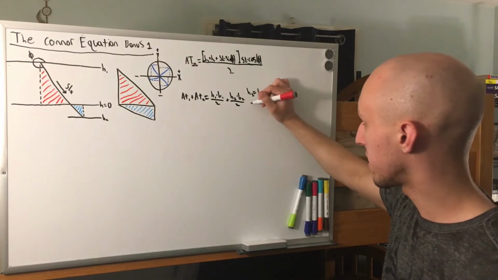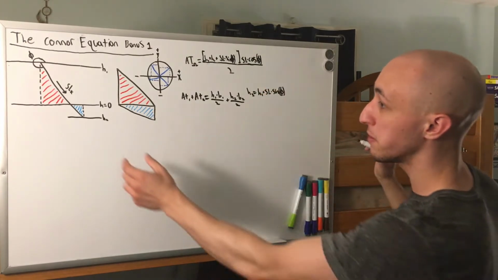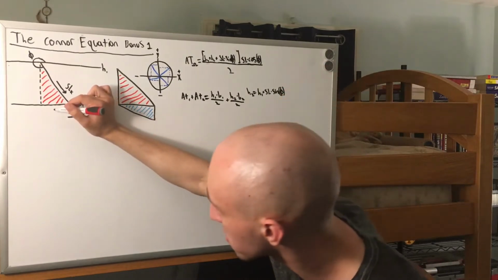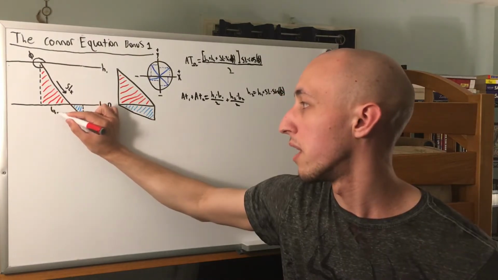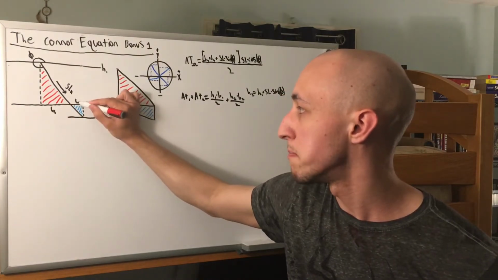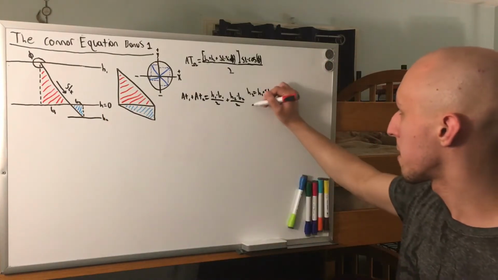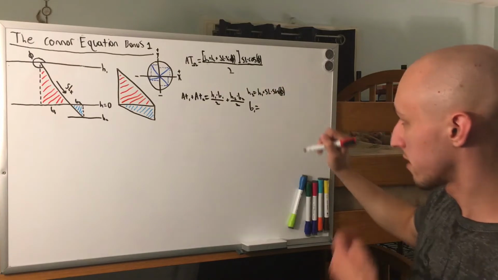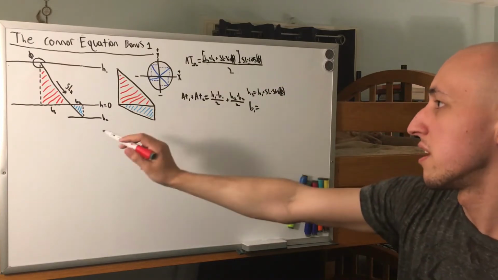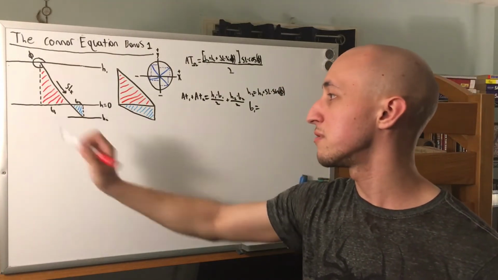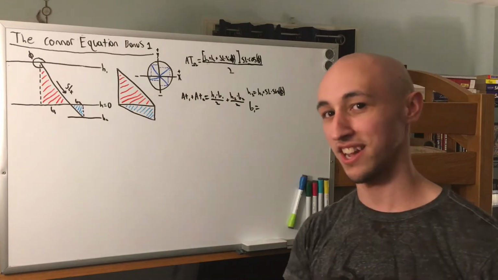Now I'm going to say B1. Now B1, I'm going to label this actually. B1, and this is B2. That actually worked out. Okay, B1 is going to equal, let's see, what can we use to get B1? I've got an idea.